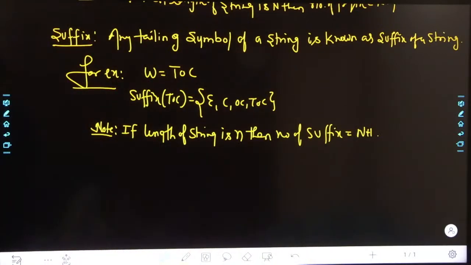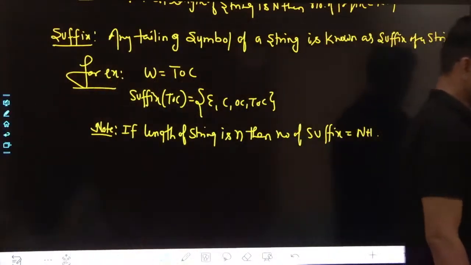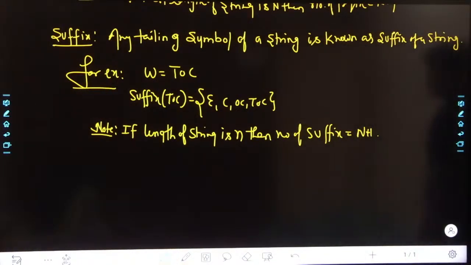Clear, friends? This is clear? So these are the basic terminology for theory of computation.